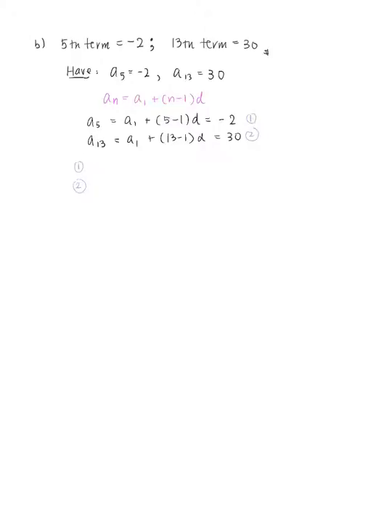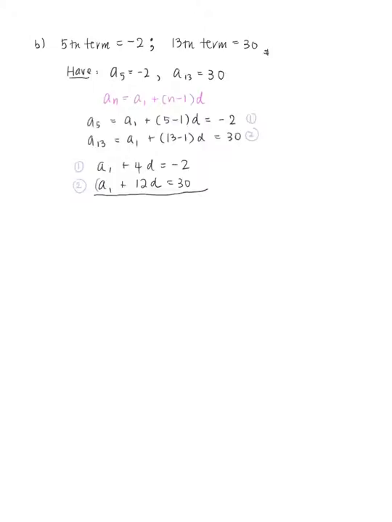So circle 1 is going to be a sub 1 plus 4d equals negative 2. And then the second one is going to become a sub 1 plus 12 times d, and this is going to equal 30. So now we're going to have to solve the system of linear equations here.